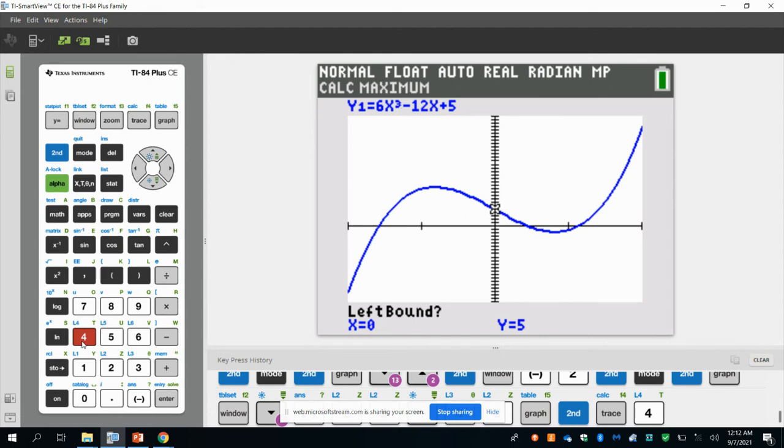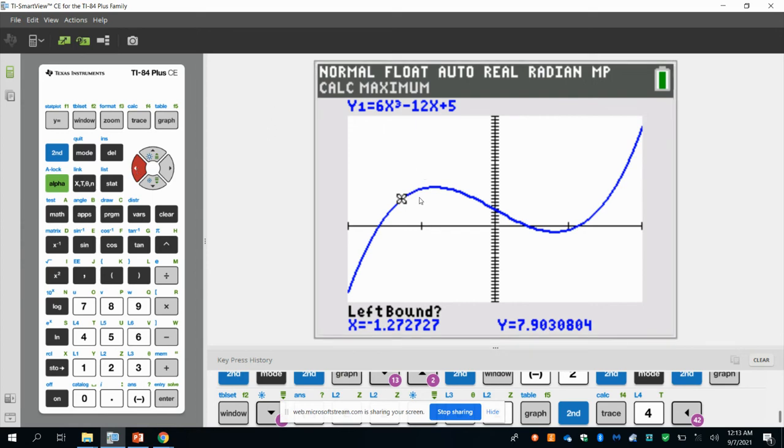When I press 4, you see this little cross flashing. Use the arrow key on your calculator to move it along the graph. You want to move this cross cursor to the left-hand side of the local maximum you can visualize.